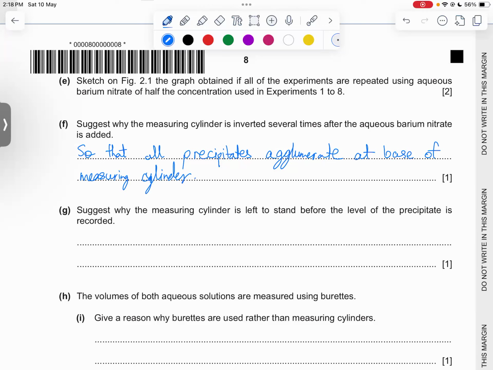Full stop. Also for mixing. So it is also inverted several times for mixing. The first part of your answer actually answers the next question.